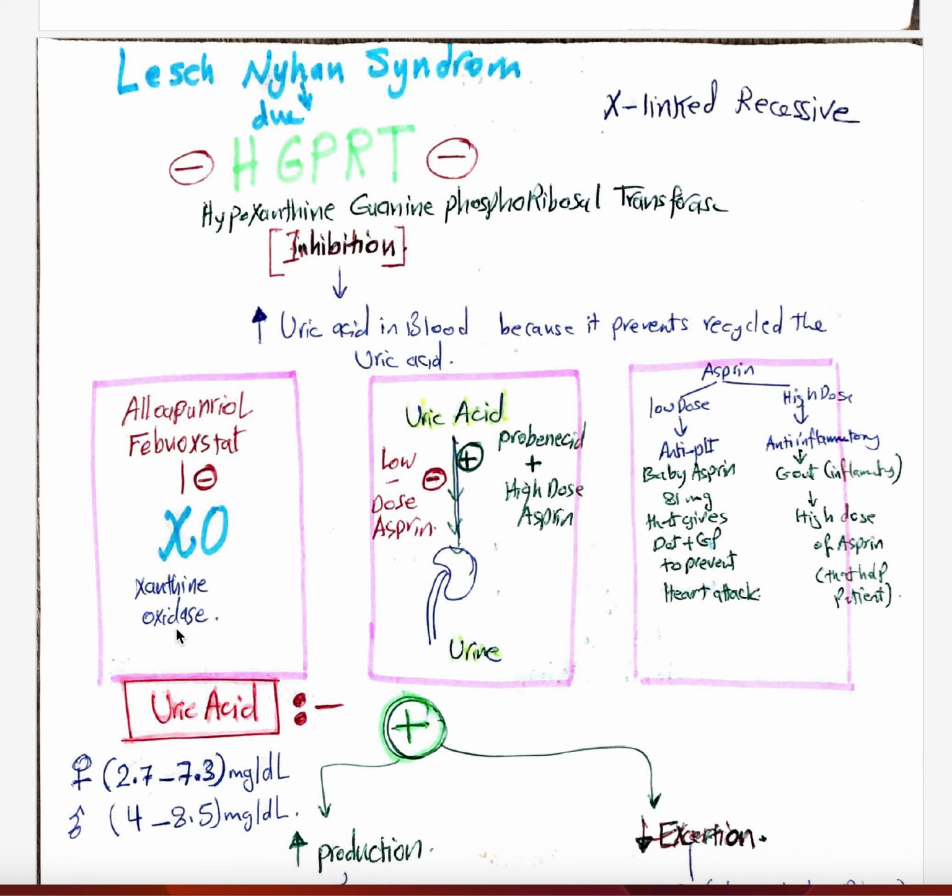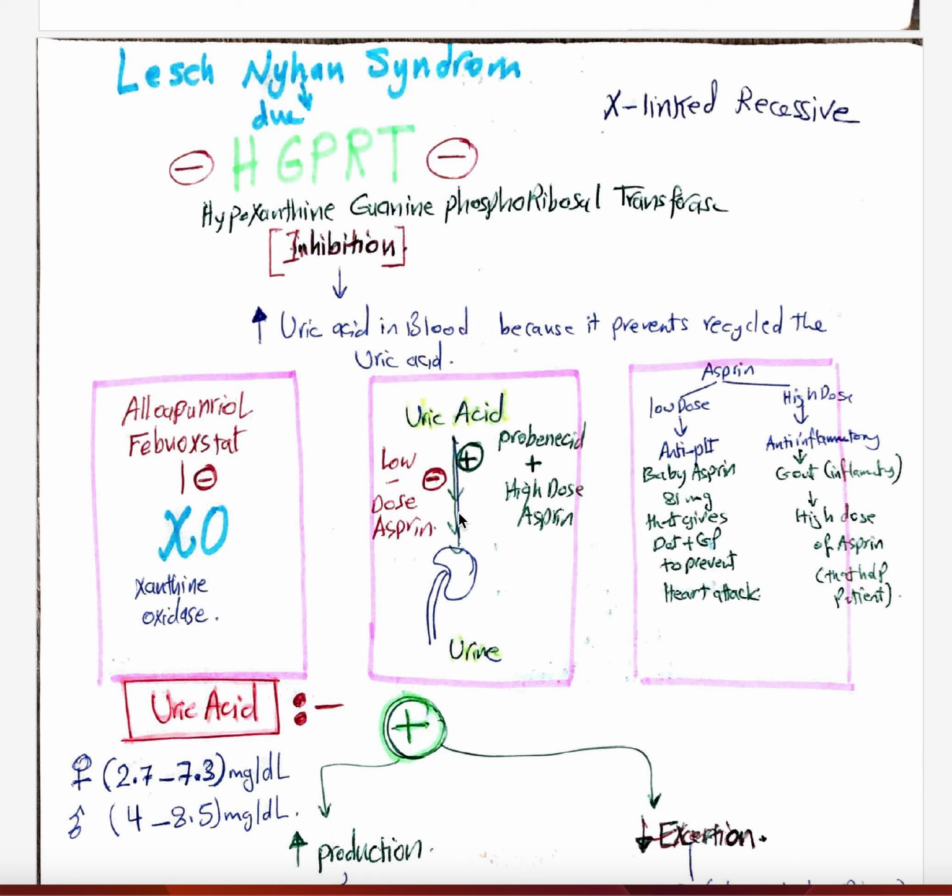But the question that comes to your mind is, which dose of aspirin do we use? Actually, we use the high dose of aspirin to be able to eliminate the uric acid through the kidney and then to the urine, and by this way avoid the accumulation of uric acid, not the low dose. If we use the low dose of aspirin, then we inhibit the elimination of uric acid.